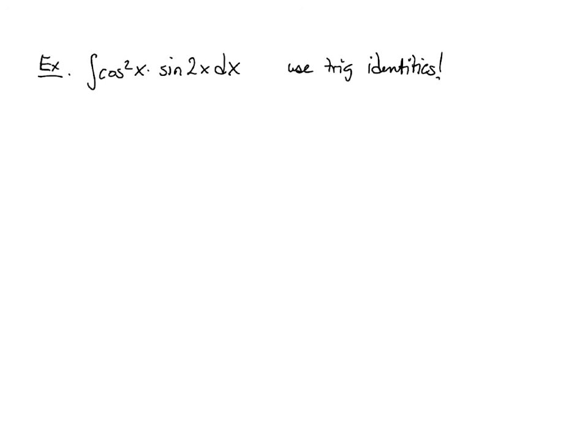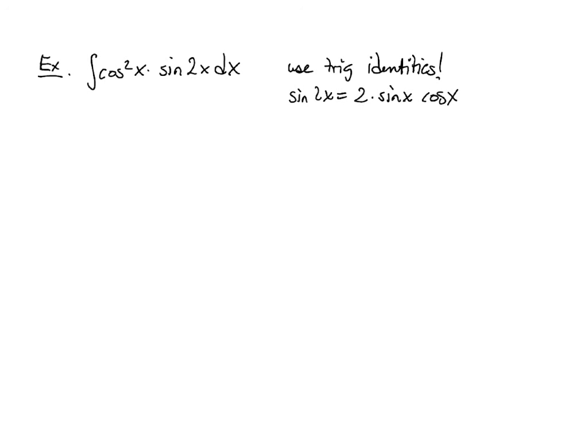The useful trig identity for this one, which comes up over and over again and we haven't seen yet, is the double angle identity for sine. Sine 2x is 2 sine x cosine x.